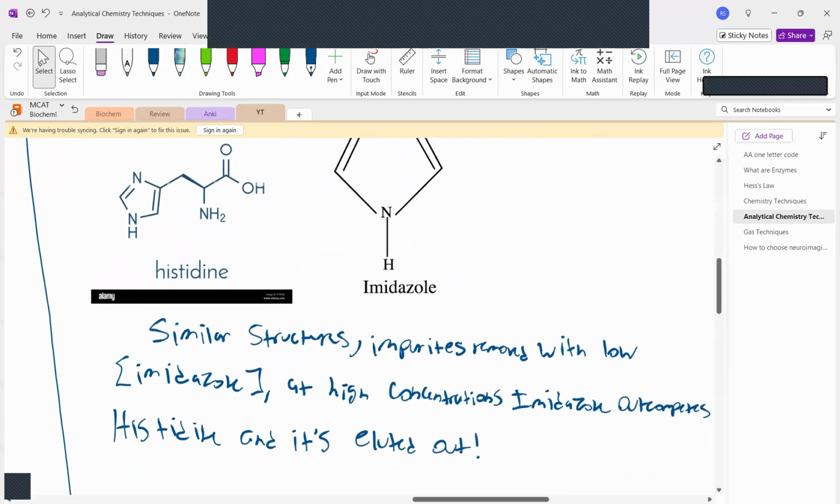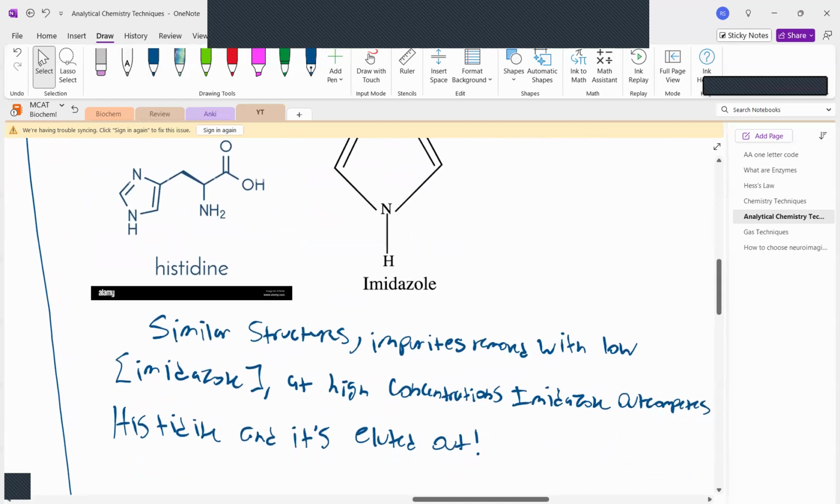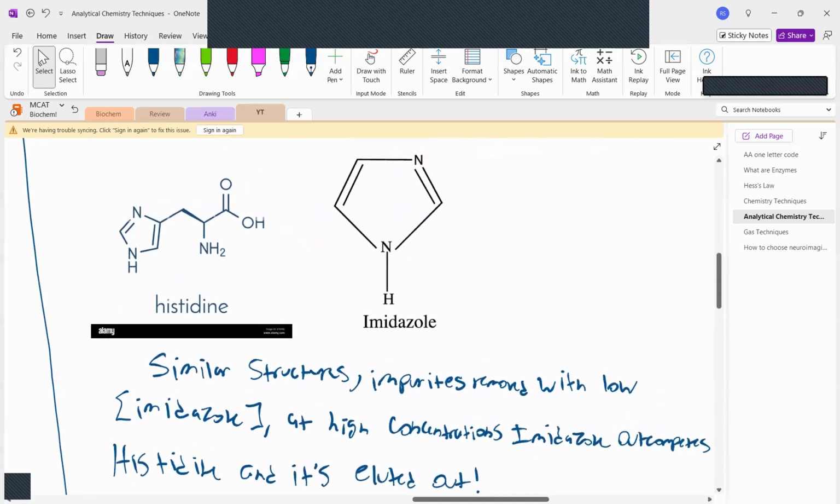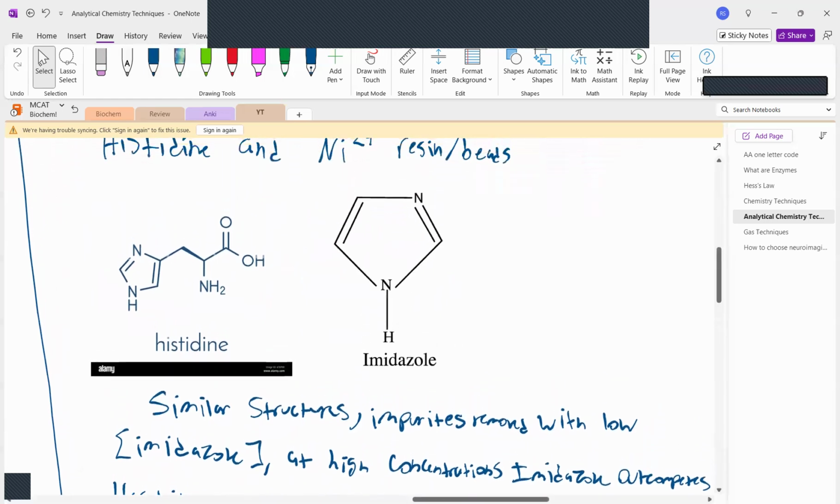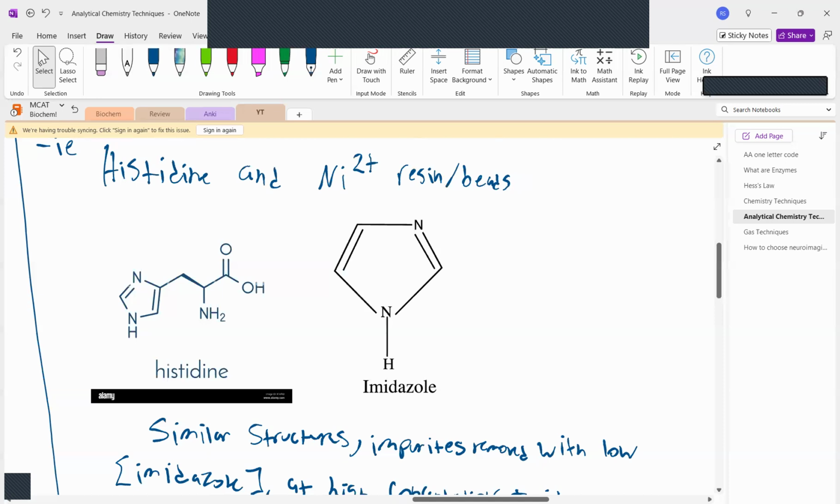And then at high concentrations, right? Histidine at low concentrations can still bind to the nickel, since imidazole has a stronger affinity for that nickel. At low concentrations, it's not pushing the histidine out yet. Histidine can still bind to it.